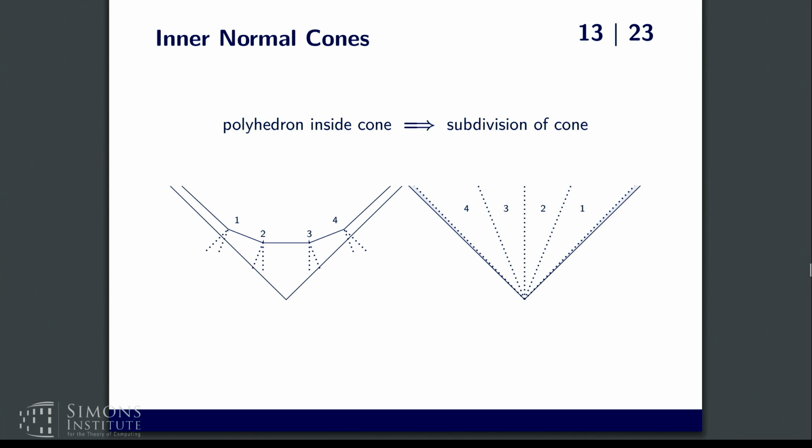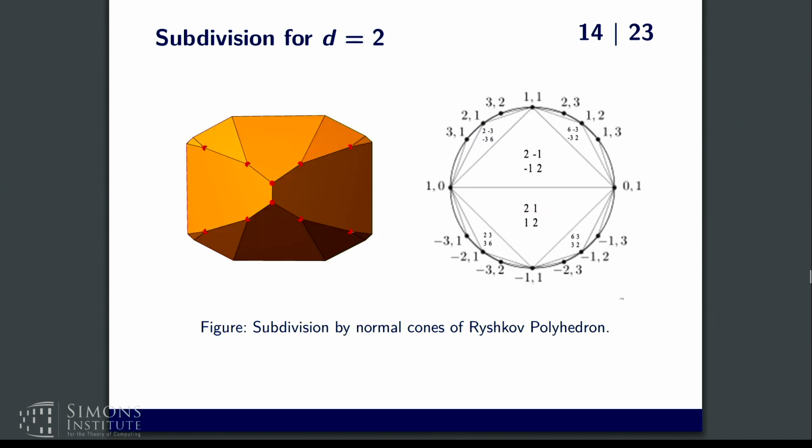for whatever reason. And what you see is that this polyhedron gives, in some sense, a subdivision of this cone on the right. We have a little bit of space left in between here, but that's just for any vertex that's yet to come. And we can do exactly the same with our Ryshkov polyhedron.